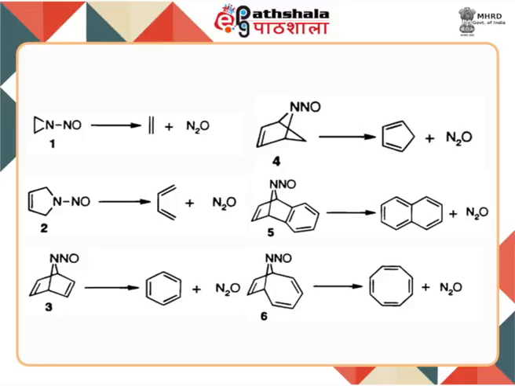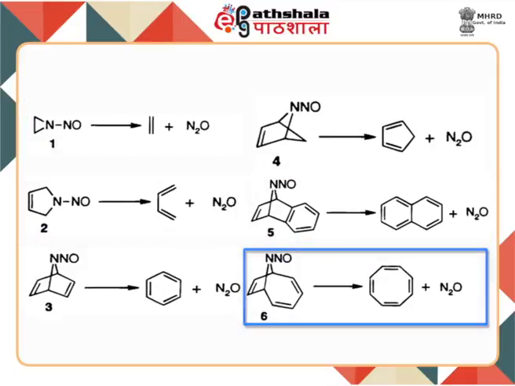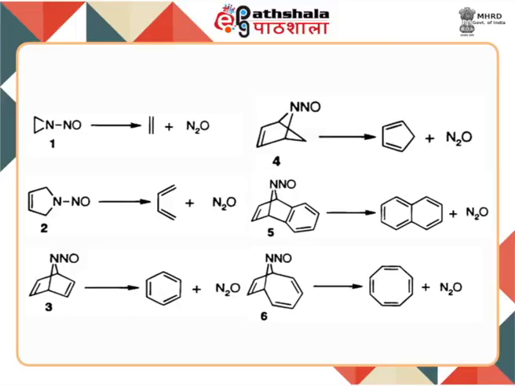In the following series of compounds, the molecules 1, 2, 5 and 6 were found to be thermally stable and thus do not undergo fast cheletropic fragmentation. Rapid decomposition was observed only for nitrosoaziridine 1 and compound 5, at a temperature below 0 degrees centigrade and at 45 degrees Celsius respectively.